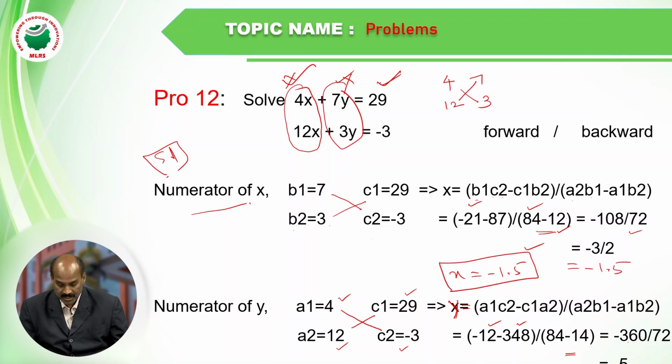So y value is given by minus 5. Therefore, the final solution to the given problem is x equal minus 1.5 and y equal minus 5.